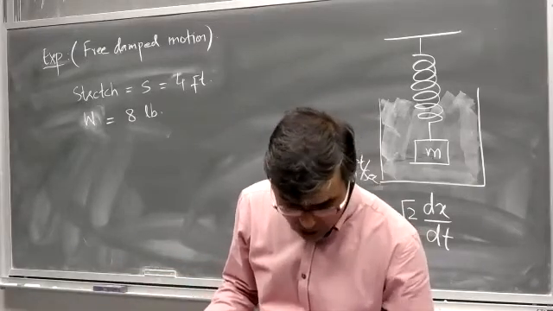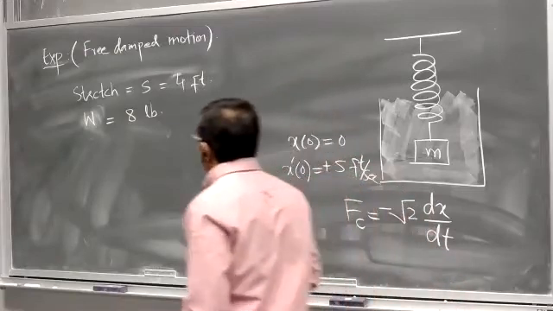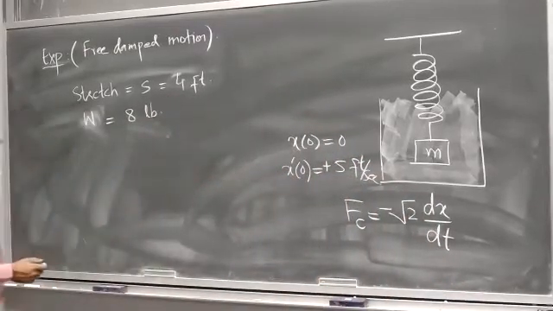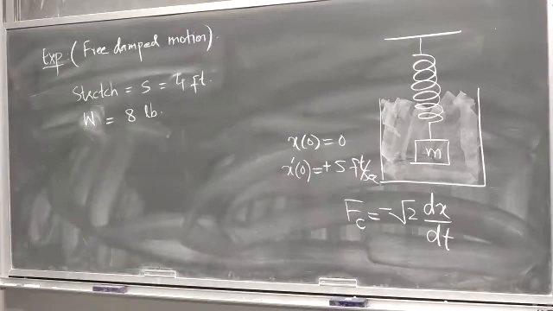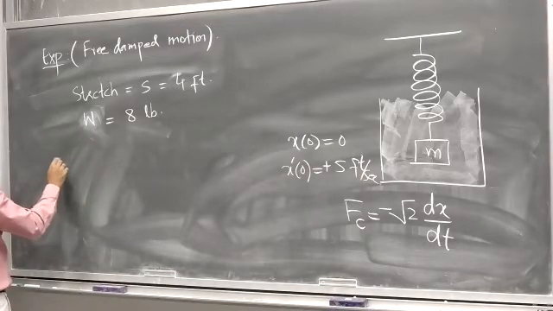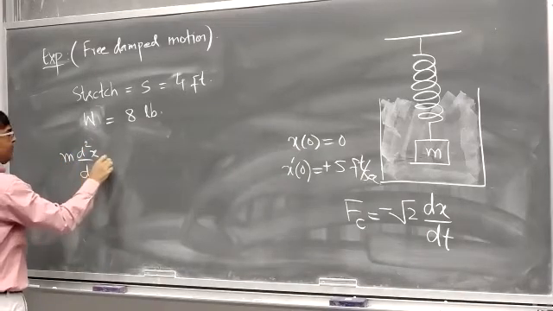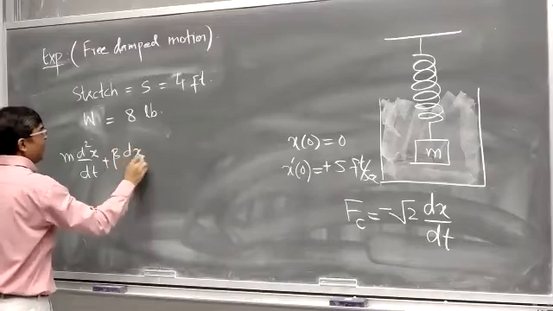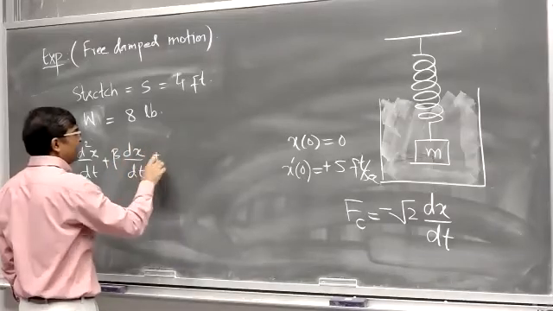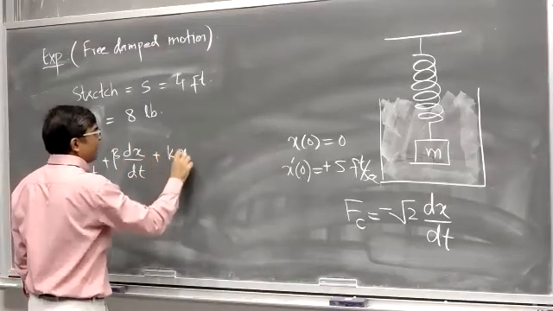So how can we construct an equation of motion which describes the motion of this spring-mass system? We know the equation in this case is m d square x by dt square plus beta times dx by dt plus k times x is equal to 0.